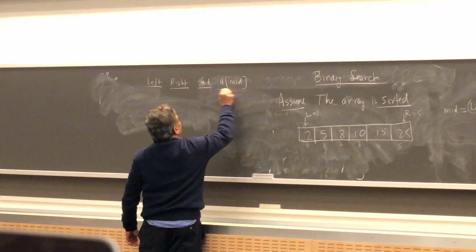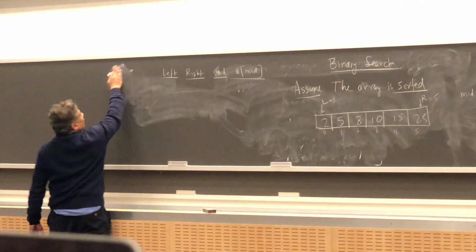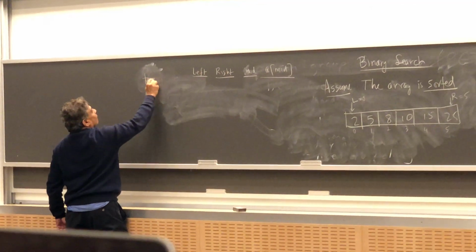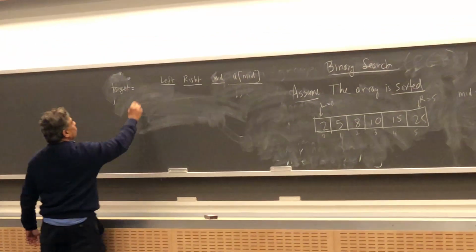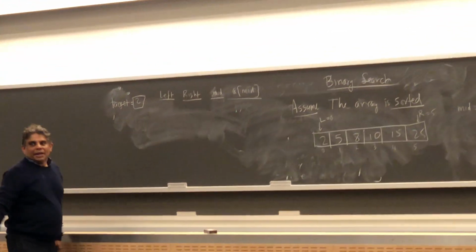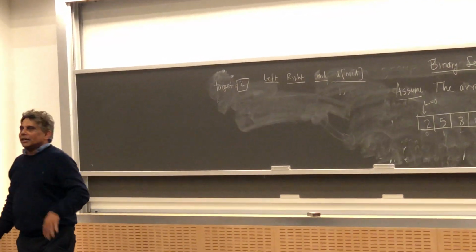I'm going to trace this code to see what will happen. My target that I'm going to be looking for is maybe 2. My algorithm should work whether the target is there or not there.